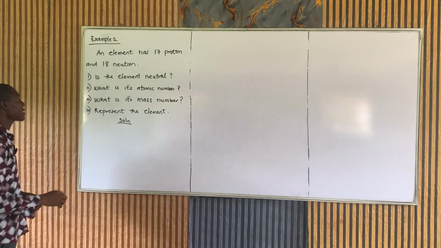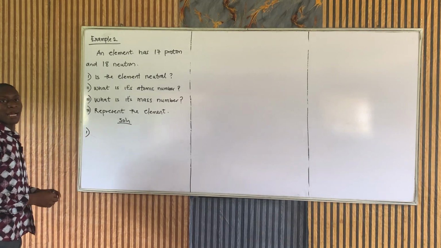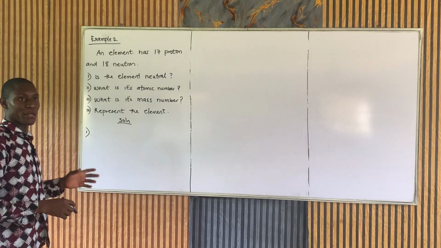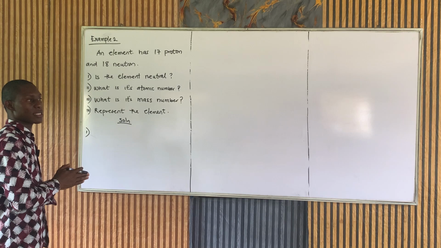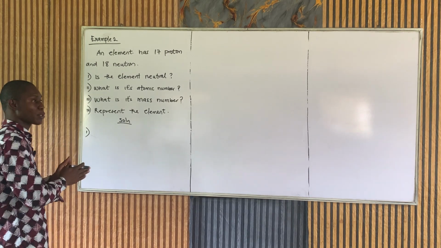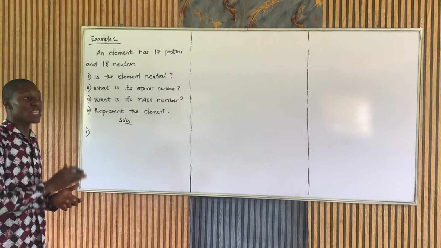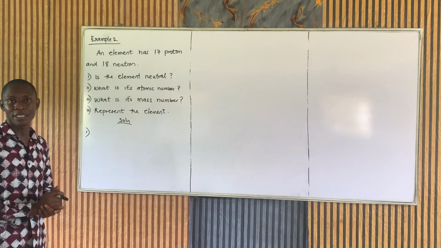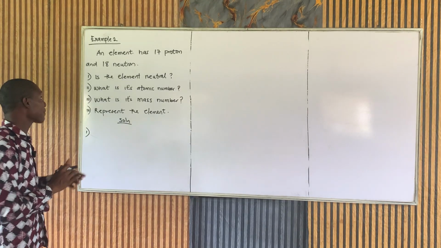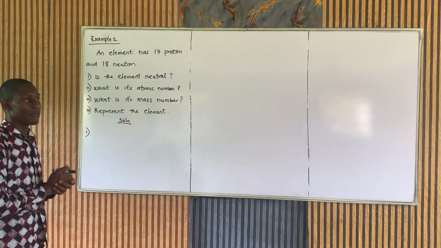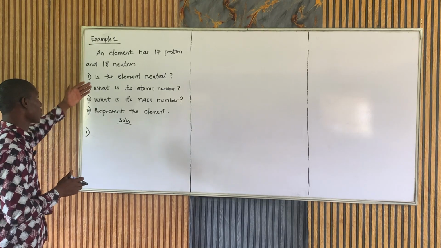First and foremost, we have to tell, is the element neutral? We know that for an element to be neutral, it must have an equal number of protons and electrons, meaning that if it has 5 protons, it should have 5 electrons. Now, we're not given the number of electrons here, and since we don't know the number of electrons, we can't assume it. Had we been told that it has 15 or 16 electrons, then we could say it is not neutral since it is not equal to the number of protons.